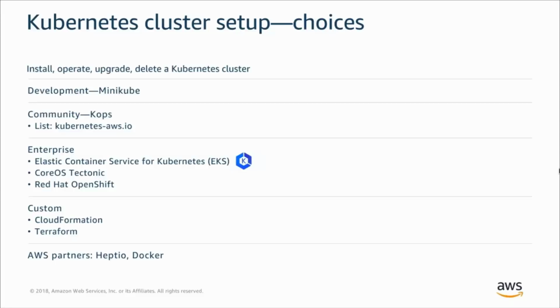But if you want to stand up production grade clusters where you can run applications at scale, there are two other choices. One is community developed, which is Kops.